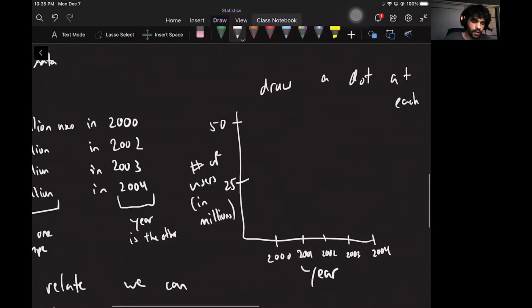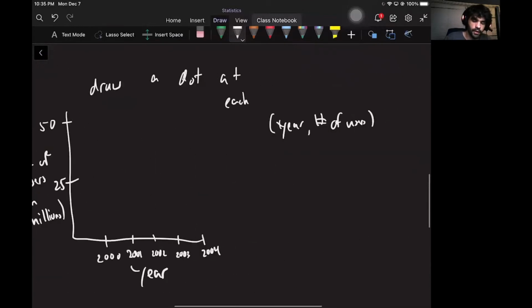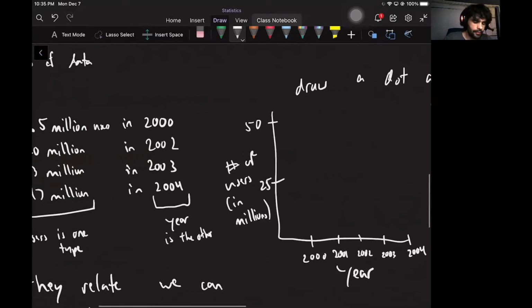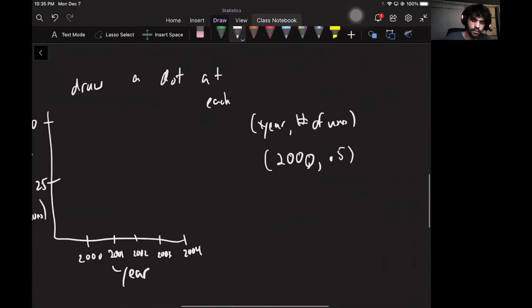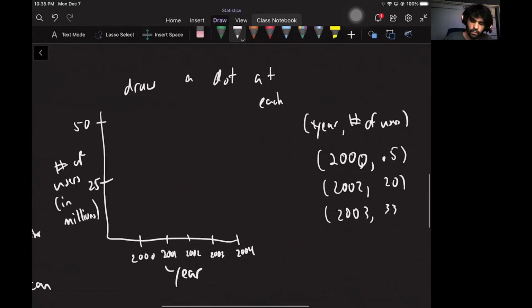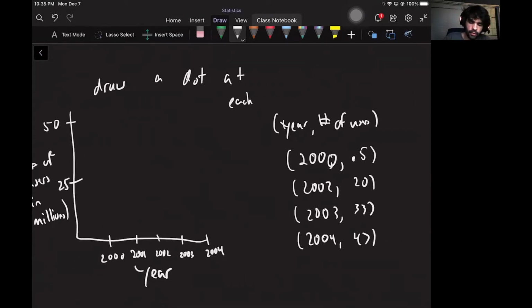So for example, they're going to look like 2000, and at the year 2000, we had 0.5 million. That's the y value. And then I have 20 in 2002, and then 2003, I have 33, and then I have 47 in 2004. So these are the 4 dots, 4 points that I'm going to draw.